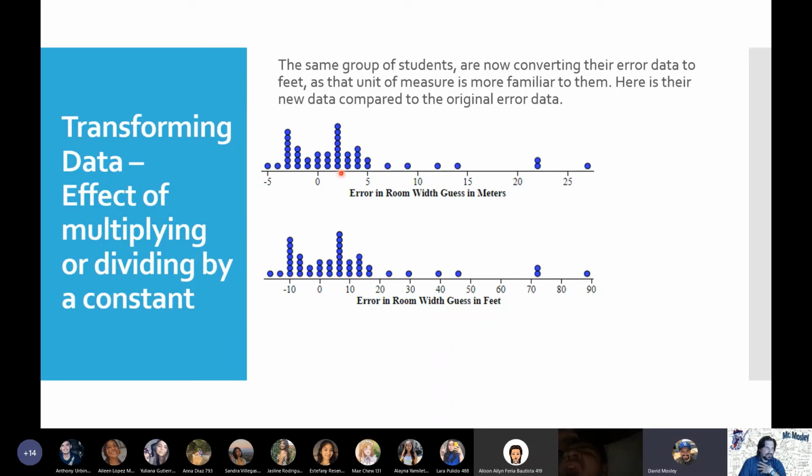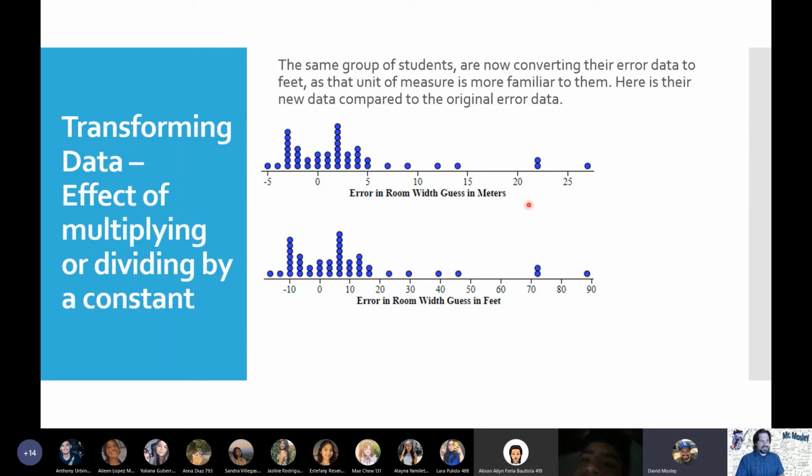All right, so again, we should see the shape is the same. Now to convert meters to feet, we have to multiply by a number. I forget exactly what that is, but it's a little over 3, I think. So they've multiplied all of their data points by this number, which is why we're looking at the effect of multiplying or dividing by a constant.